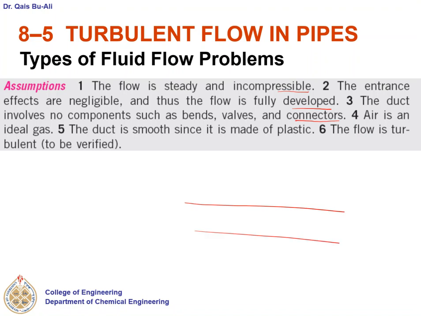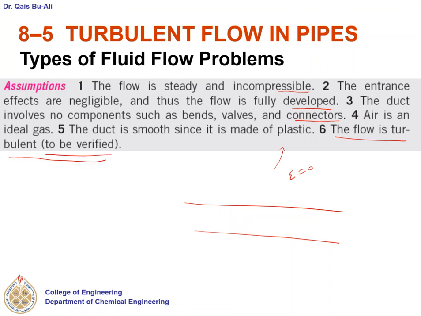Number 4, air is an ideal gas, so I can use PV equals nRT if I want, or I can use the tables since this is at 1 atmosphere. And the duct is smooth since it is made of plastic, so epsilon equals 0. And finally, the flow is turbulent, to be verified.